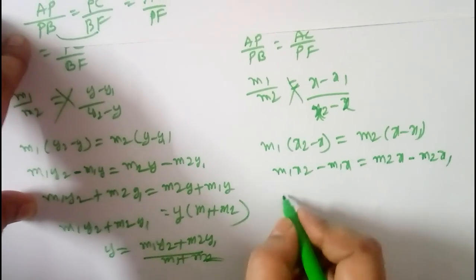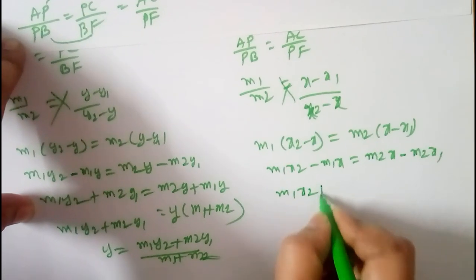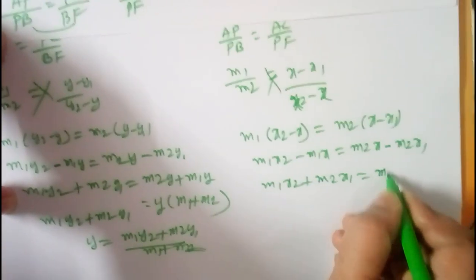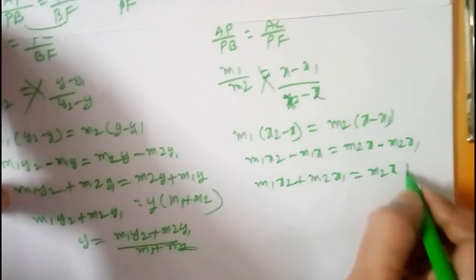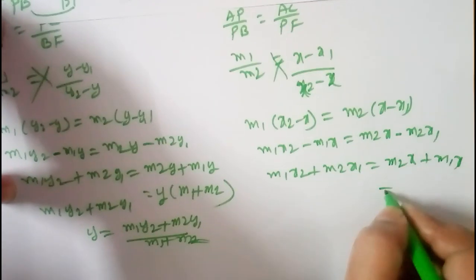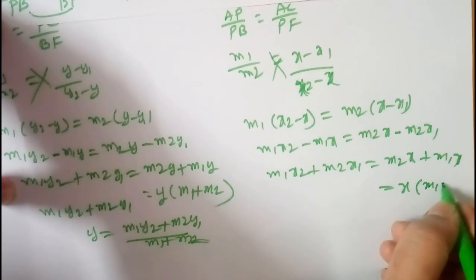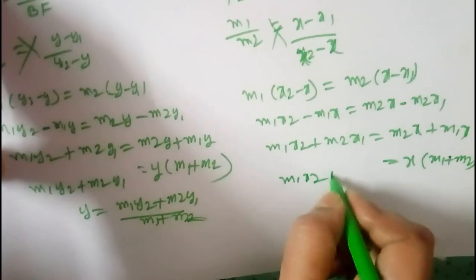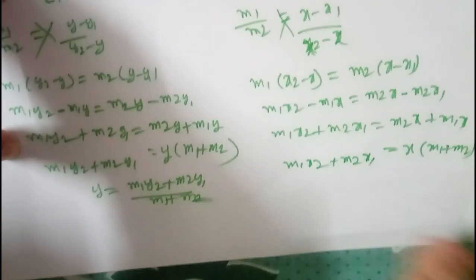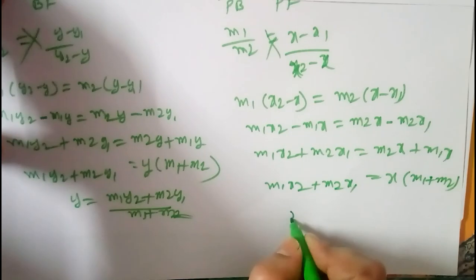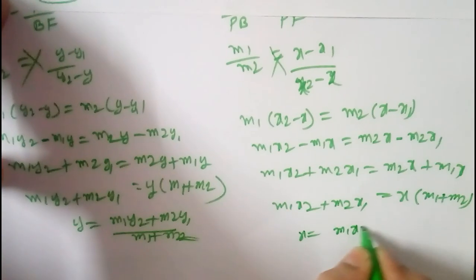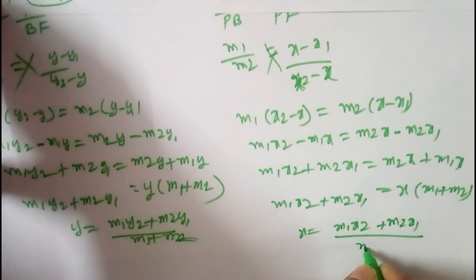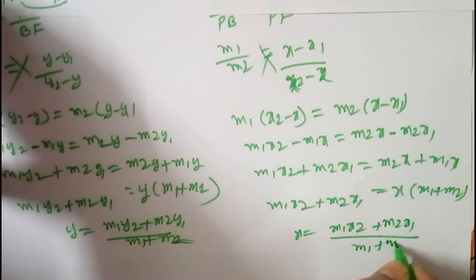Transpose X terms to one side: M1 X2 plus M2 X1 is equal to M2 X plus M1 X. If you take X common, M1 plus M2, then X is equal to M1 X2 plus M2 X1 by M1 plus M2.